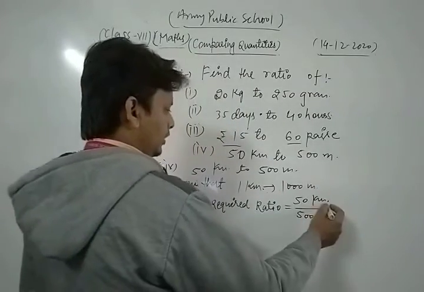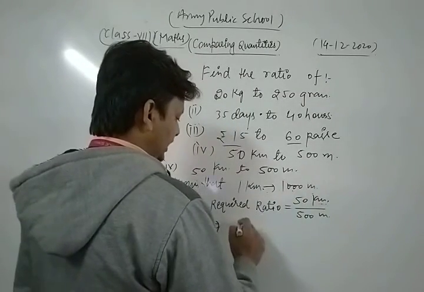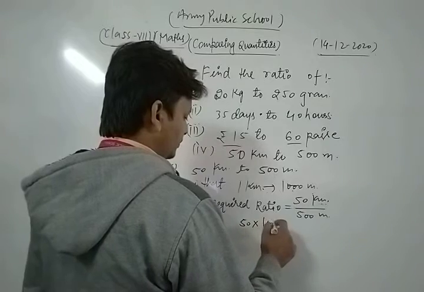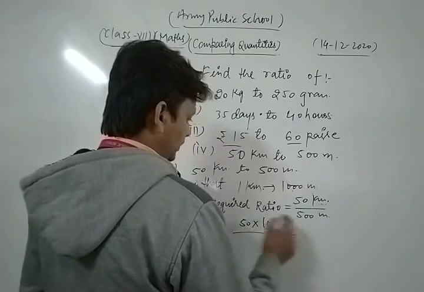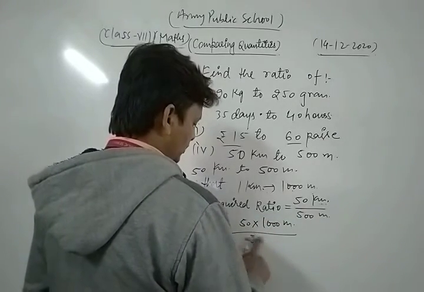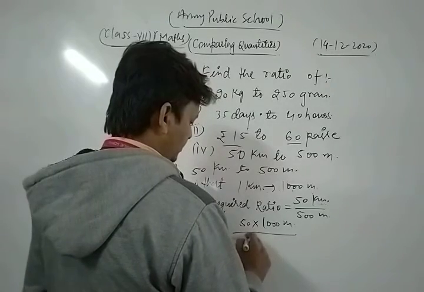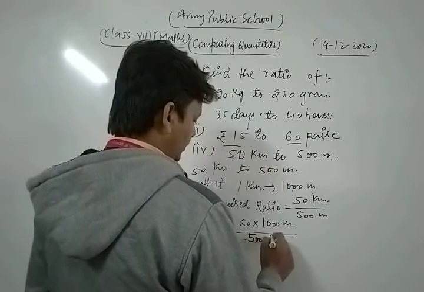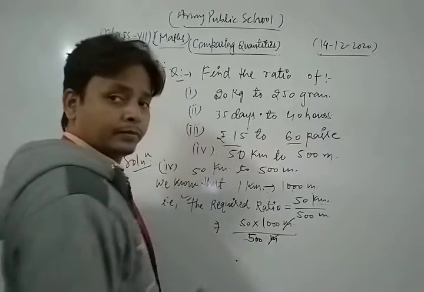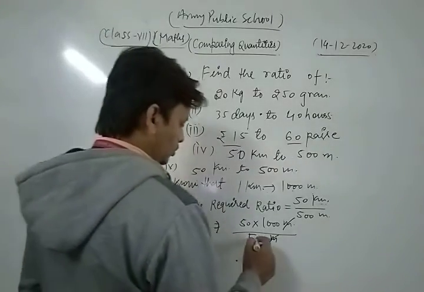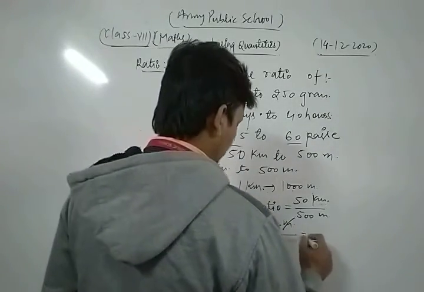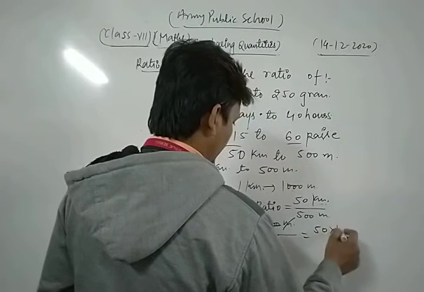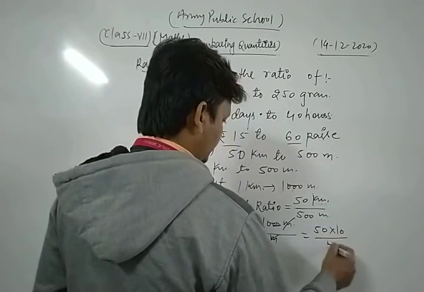Now we convert kilometer into meter, so we write 50 into 1000 meter divided by 500 meter. So meter cancel each other, and 0s also cancel. We get 50 into 10 divided by 5.